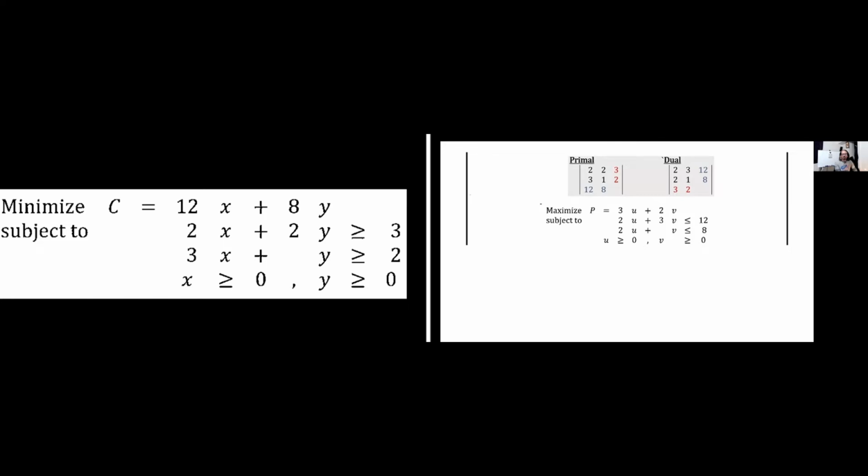So reading from the new table of coefficients from the transpose, here is our dual problem, the standard maximization problem. And we're going to add in slack variables, but those will be the original variables for the primal problem.